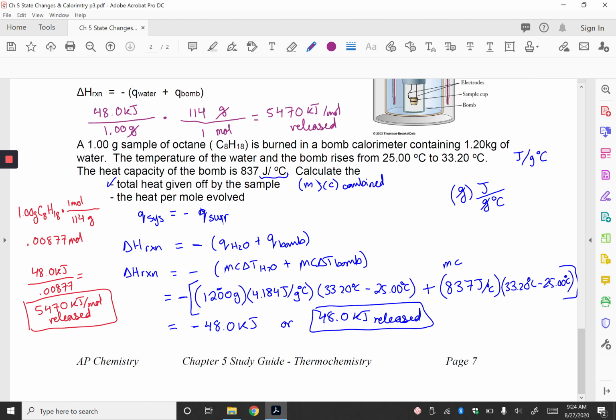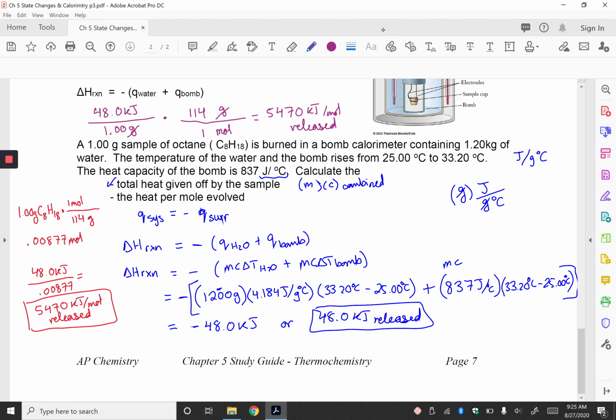So we are all going to have different amounts of heat released in kilojoules. But if we all then do this extra step where we divide it by the number of moles and get kilojoules per mole, we should all get the same value, excluding sources of error, of course. So if we all did it the same exact way, but used different amounts, it would still end up being the same value per mole.